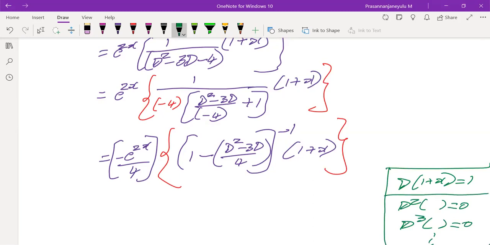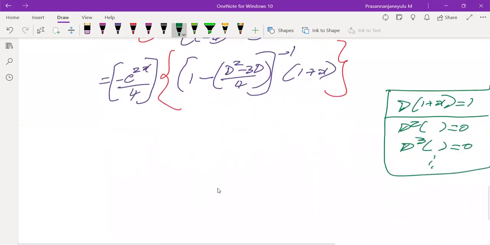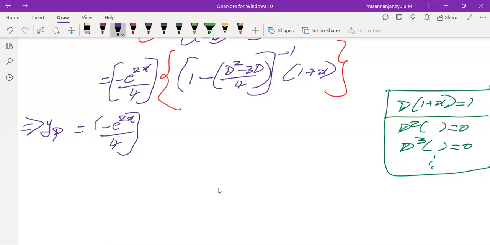So because of that reason, up to how many terms do we have to expand? I am writing this: yp equals minus e power 2x by 4, which is the coefficient, starting the brackets with the braces.